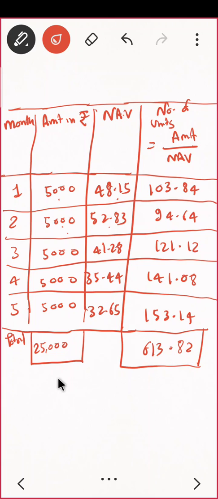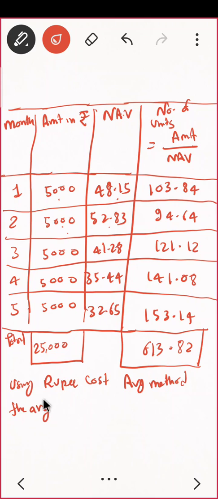Now using the rupee cost averaging method for purchase, the average price of units is equal to total amount upon total number of units.